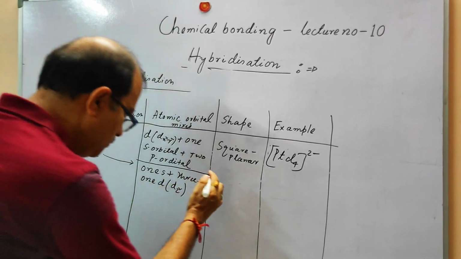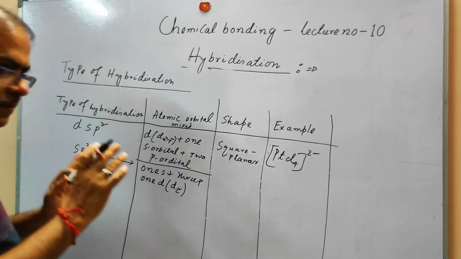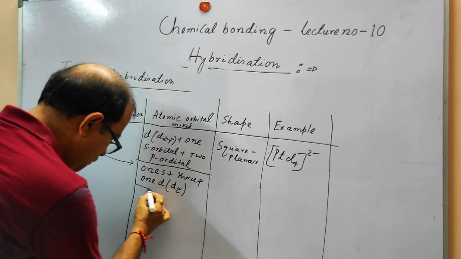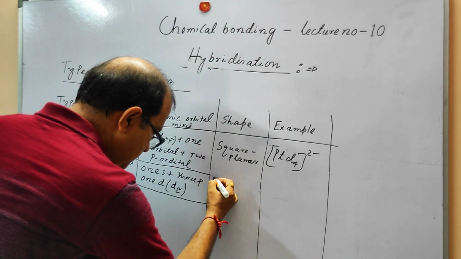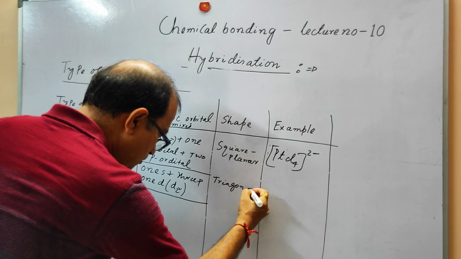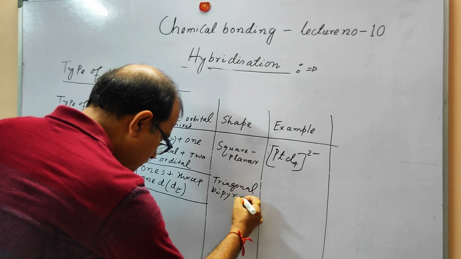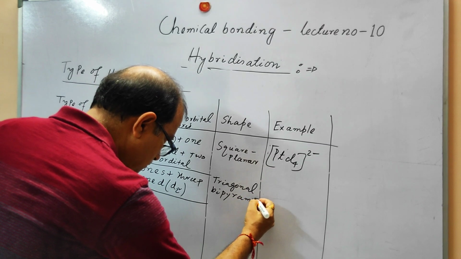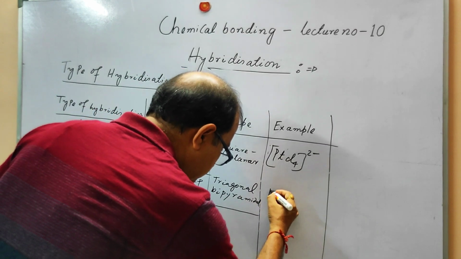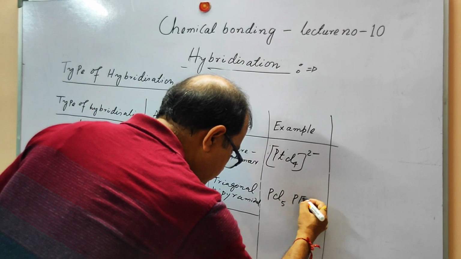Here you can see it will have 5 bonds, 5 hybrid orbitals. You can find that it will produce a trigonal bipyramidal structure, and here you can take the examples PCl5 or PF5.